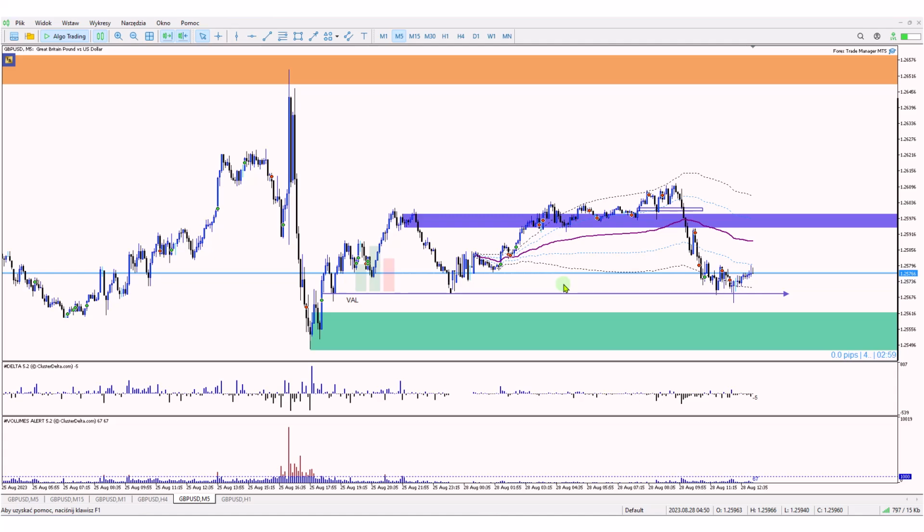I just mix a lot of techniques to find my bias, but the most favorite one is of course the absorption way. Everything I shared with you is still valid, and you can trade.